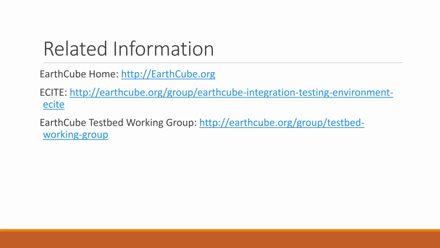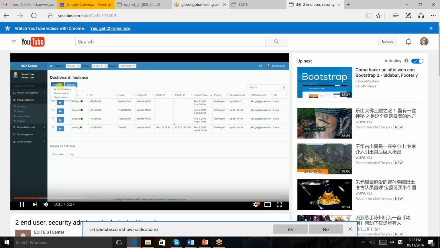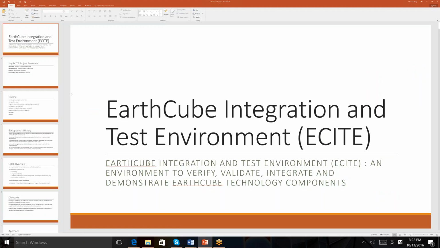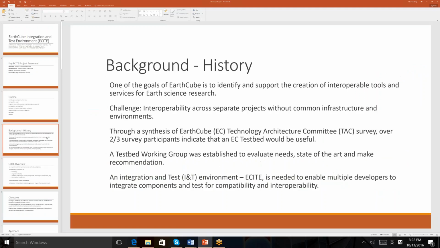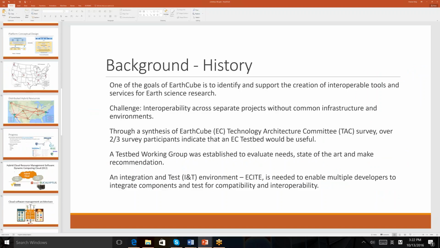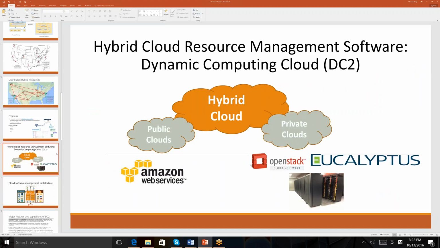And you mentioned, I think on one of your slides, the basic idea is most people would probably be working on the private cloud, which is hosted at GMU, and is that running OpenStack? Yeah, that one is running both OpenStack and Eucalyptus. Okay, so if you're an EarthCube or I guess an ESIP member and you log on here, you create your virtual machine, you choose some image to run on your private cloud.